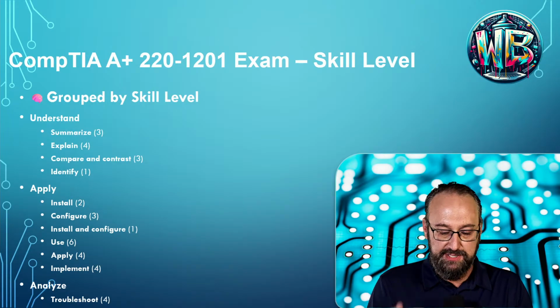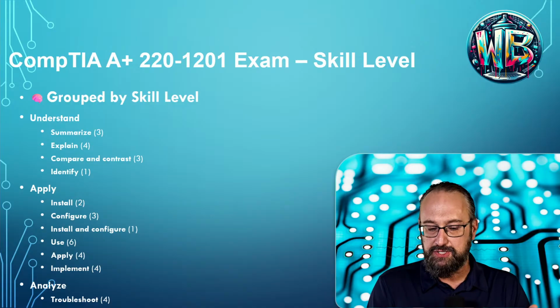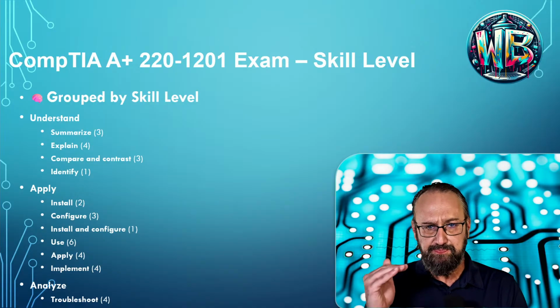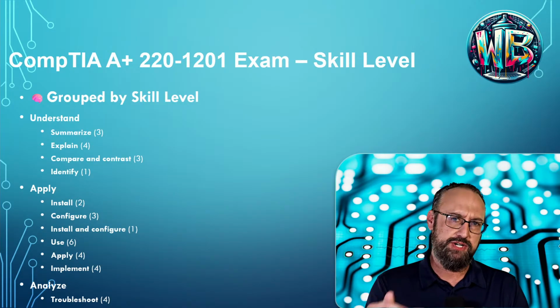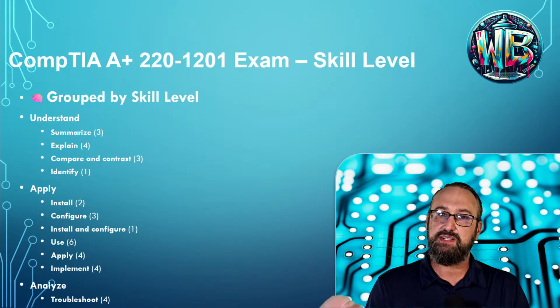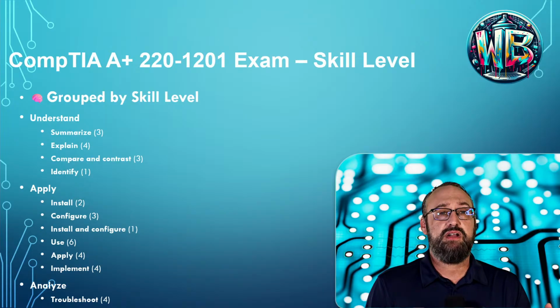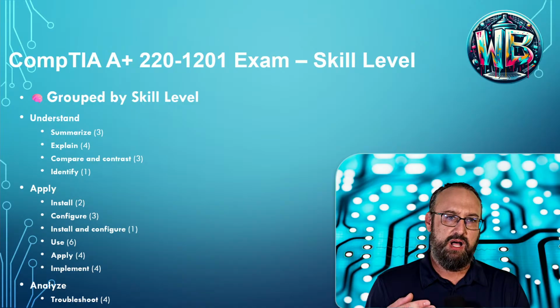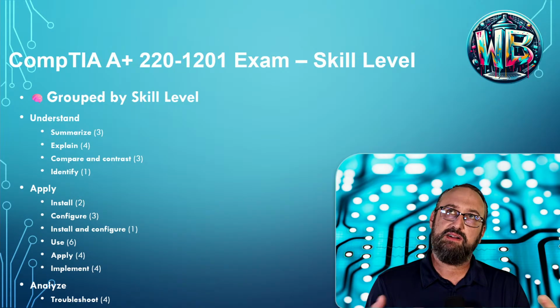Now, let's apply that to what we've learned. What is the action that they want you to do will help give you an idea of how much you need to study it, combined with the skill level. A lot of these are understand, but you can see a lot of them are also apply, which means you have to take the technology and not just be able to tell me, for instance, about the editions of Windows that I mentioned earlier.